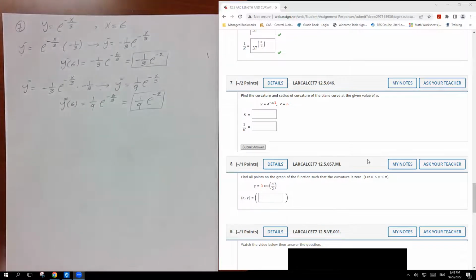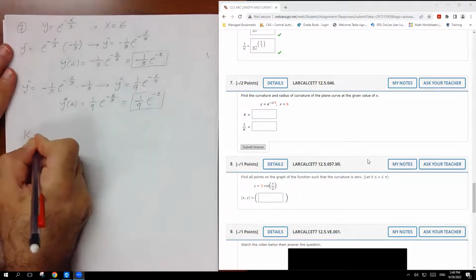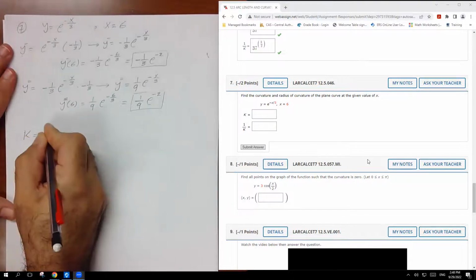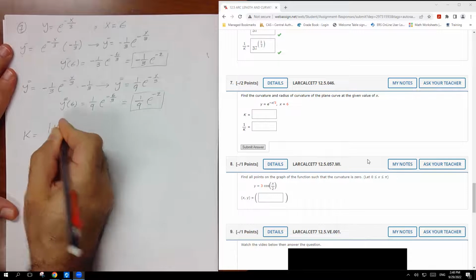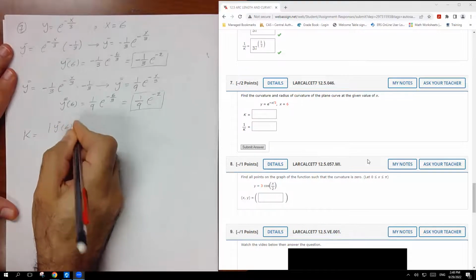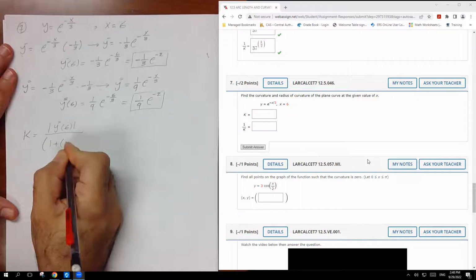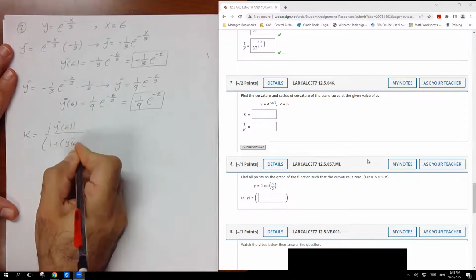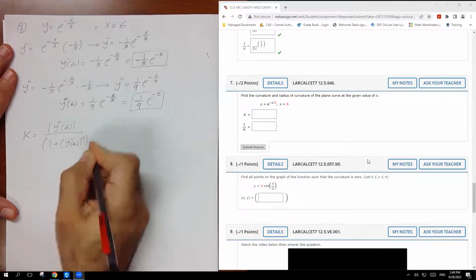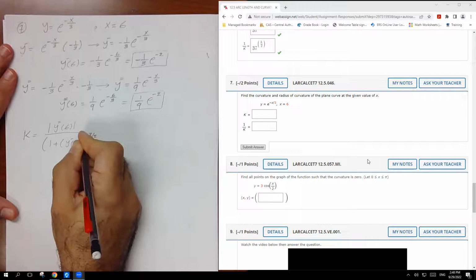So next step, we're just going to find the k, which is k equals the absolute value of y double prime at 6 over 1 plus y prime at 6 squared, to the 3 over 2.